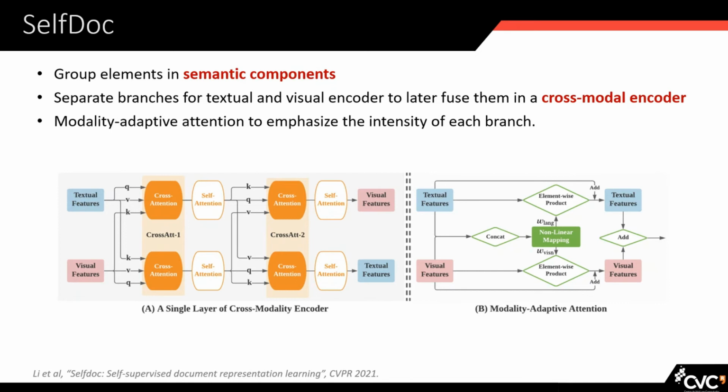For example, if a document contains handwriting, which is very hard to recognize by the OCR, in that case, it will make the visual clues stronger. While if the document contains a lot of easily readable text, then they will emphasize the textual part.